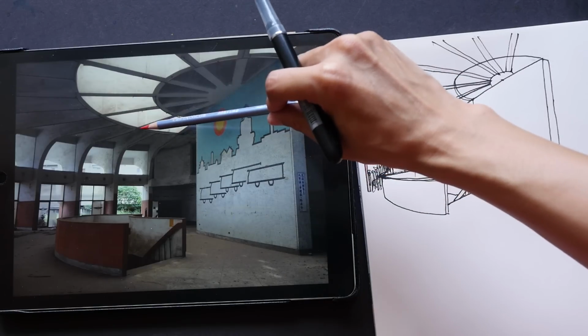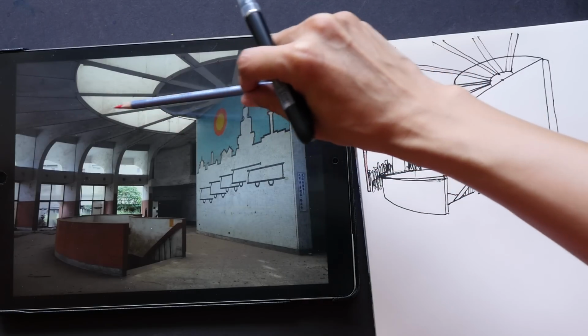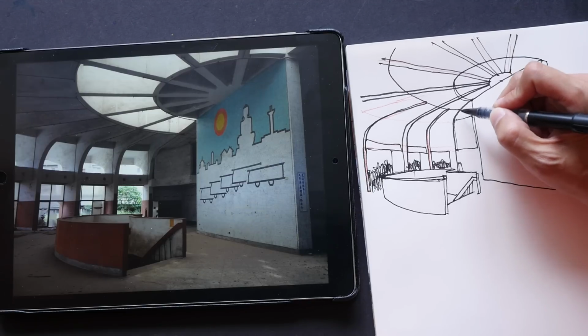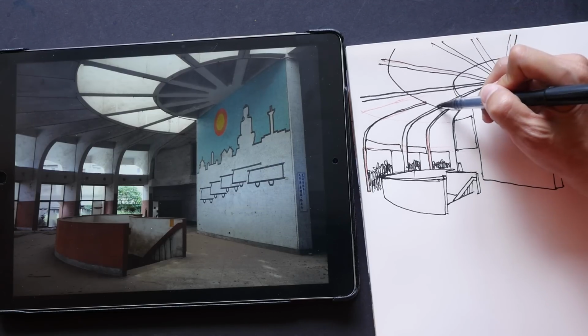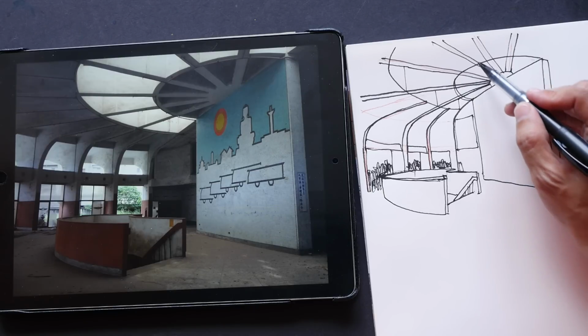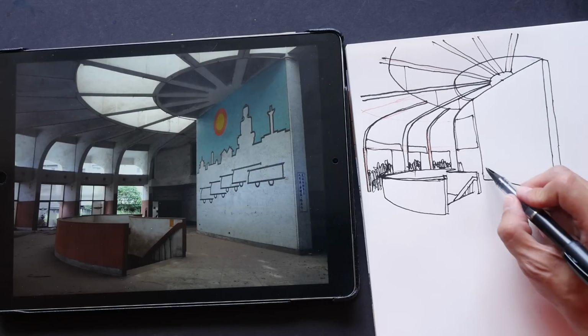There is actually vertical lines here, 1, 2, 3, so that will be here, 1, 2, and 3. Alright, I think that is all.